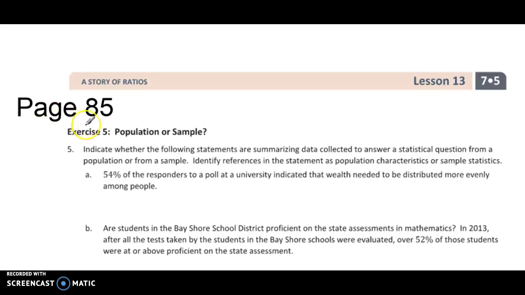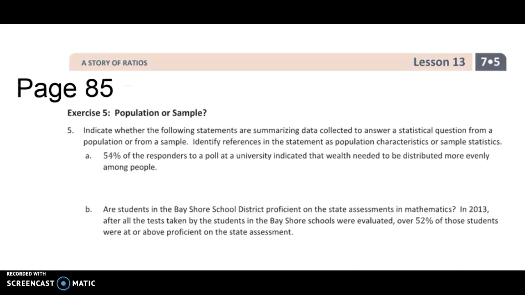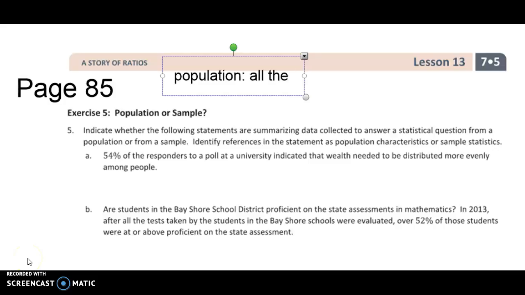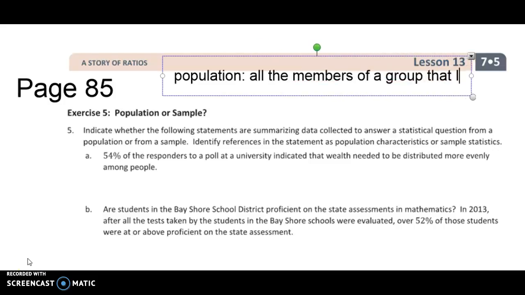So you see exercise 5, it starts off by saying population or sample. So those are two vocab words that we're going to want to talk about. Not that you haven't seen these words before, but they're both two words that you're going to need to know here. When I'm talking about a population, I'm talking about all the members of a group that I want information about.